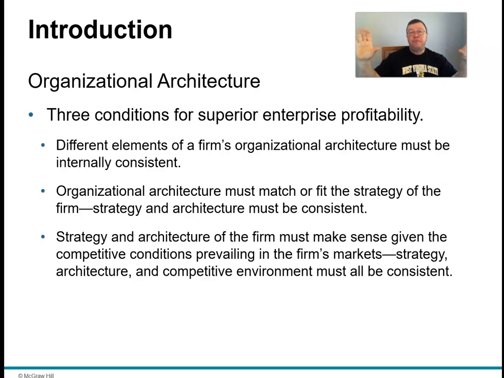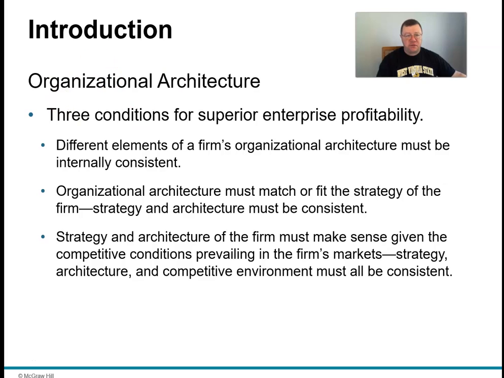If not, if you have some people trying to cut costs and other people trying to focus on innovation, then you end up with something in the middle, some sort of a muddle that doesn't work. Last one, strategy has to make sense given the environment, given the situation.